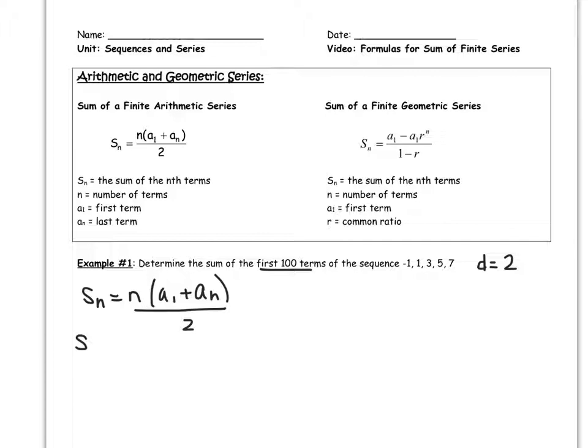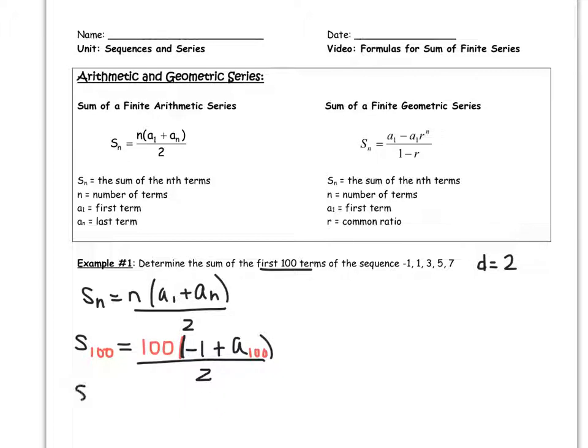So this would be S sub 100, and that notation represents the sum of the first 100 terms, equals n, which we made 100, times (a sub 1, the first term, which is -1, plus a sub n, which is a sub 100) all over 2.